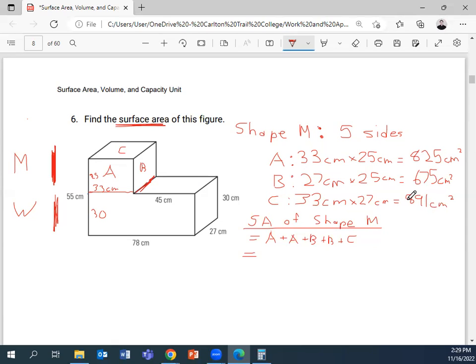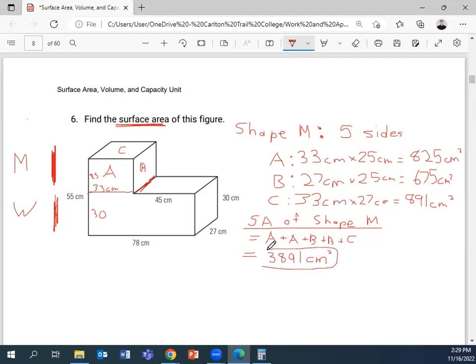Plus 825 plus 18. Plus 675. Cool. So my total surface area for shape M is 3,891 centimeters squared.